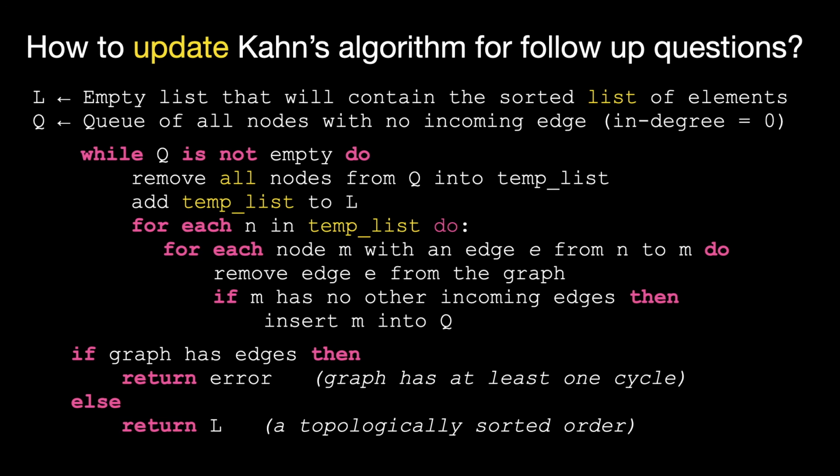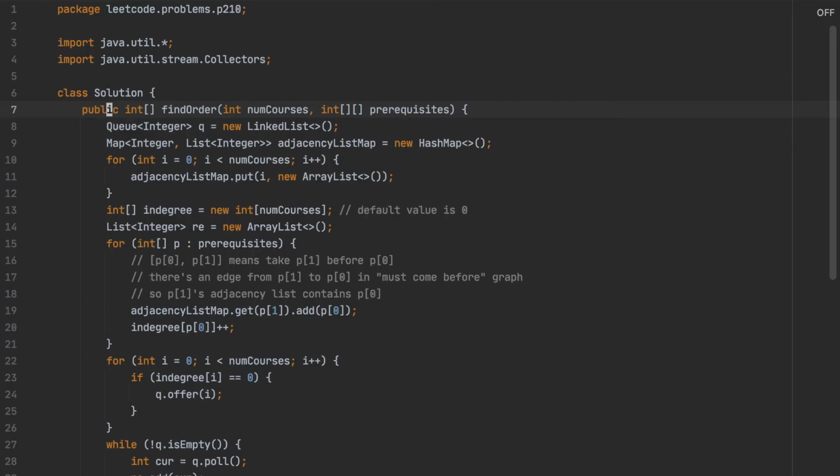So we put all of them in a temporary list, and add this temporary list into the final result list, and then follow the same logic to process each node in this temporary list. And that's it. And let's do a live coding again to see how we change it in the original Kahn's algorithm solution here.